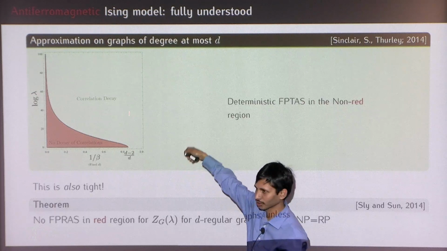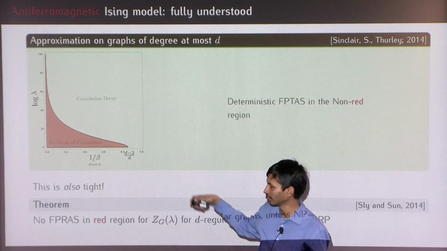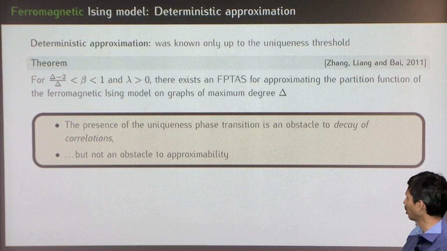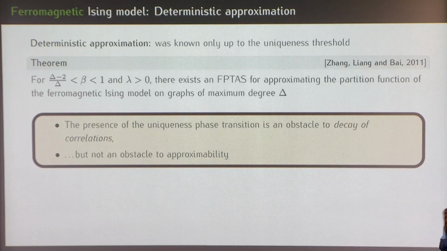So every field at this point is in the good region. So what is known for the ferromagnetic case is that in that situation, when all the fields are good, when even zero field is fine, one can get an FPTAS for approximating the partition function.